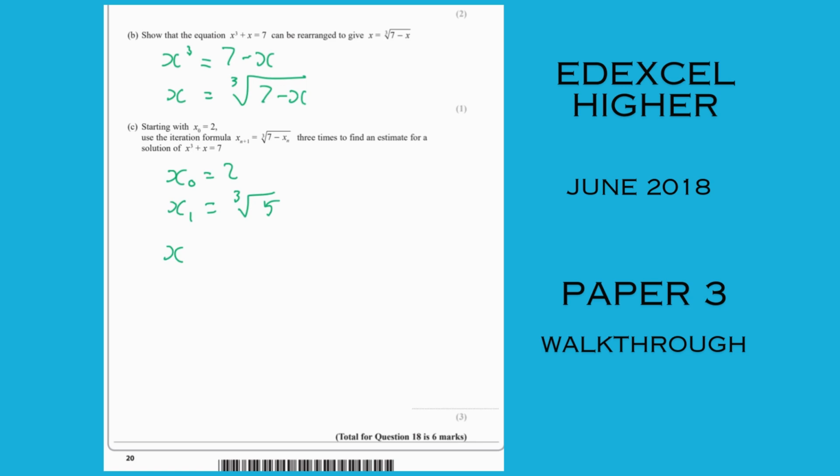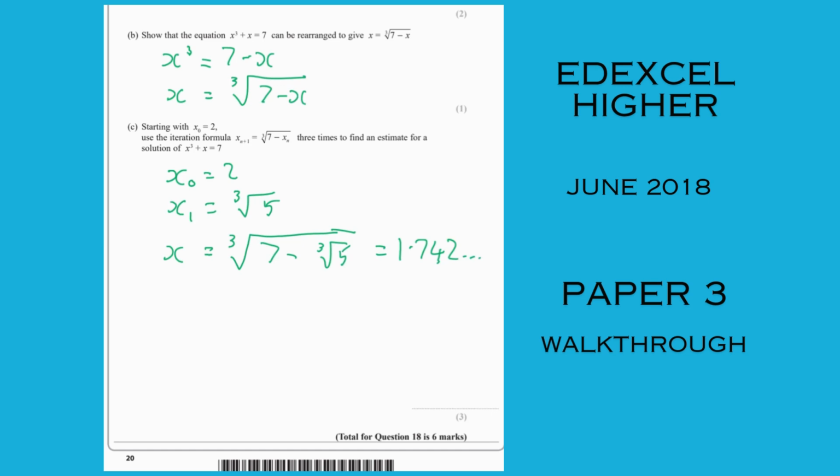Sometimes for most calcs it'll just be the answer you've just had, so you don't have to keep retyping all that nonsense. So now on your calc you can just press cube root 7 minus ANS, but I'll put the cube root of 5 in, and we get 1.742-ish.